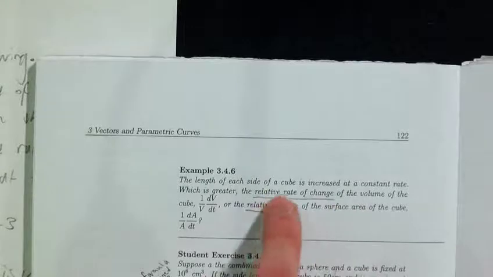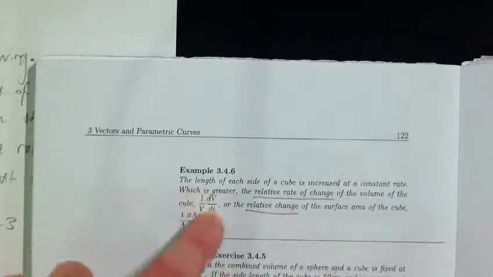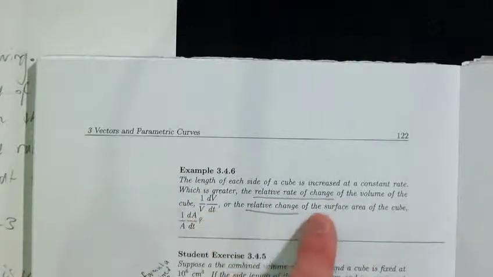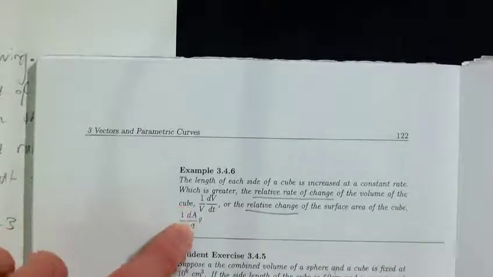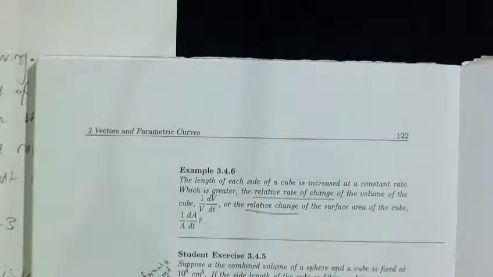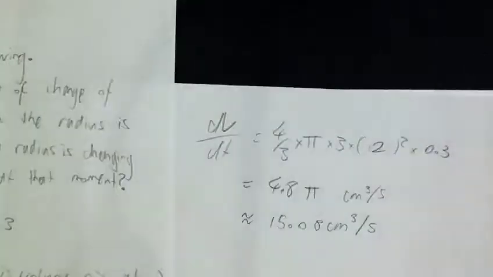So they're saying the relative rate of change of volume is 1 over V times dV/dt, and the relative rate of change of surface area would be 1 over A times dA/dt. That's a bit puzzling to me, but I did figure it out.